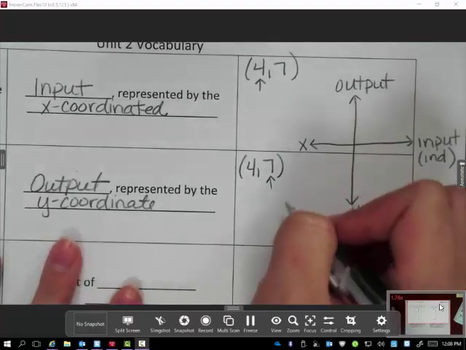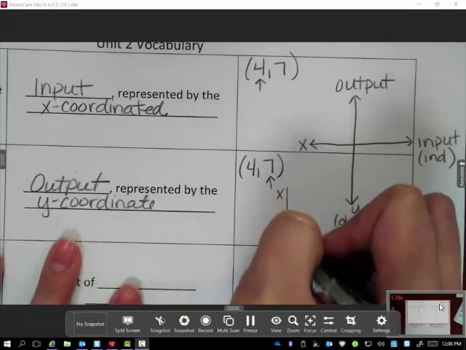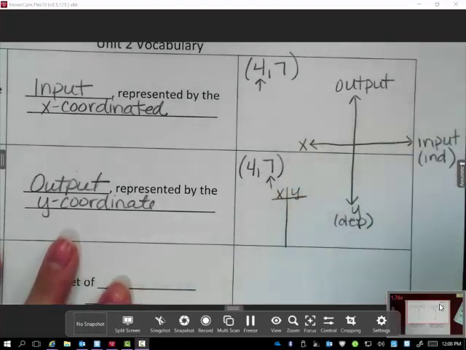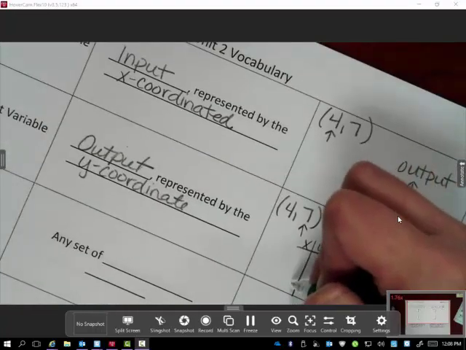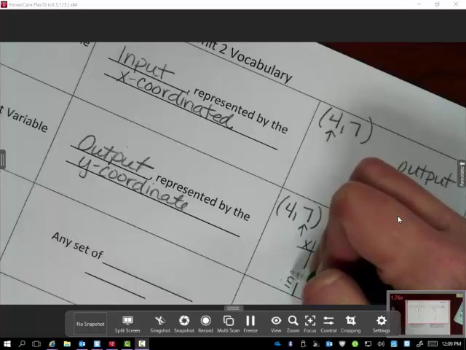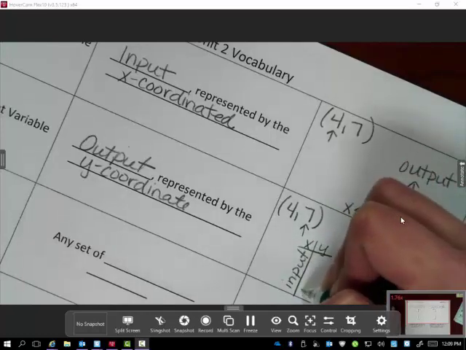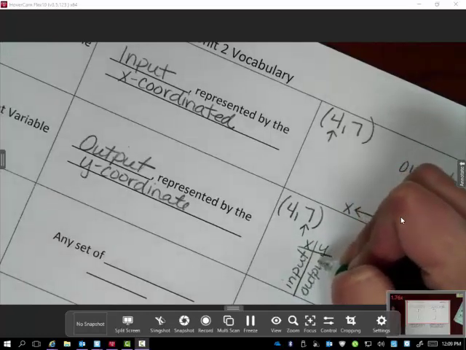Okay, now let's say I give you a table. Generally speaking, X is on the left side, not always, but most of the time X is on the left side, or your input is on the left side. Okay, so this would represent our input, and Y represents our output.